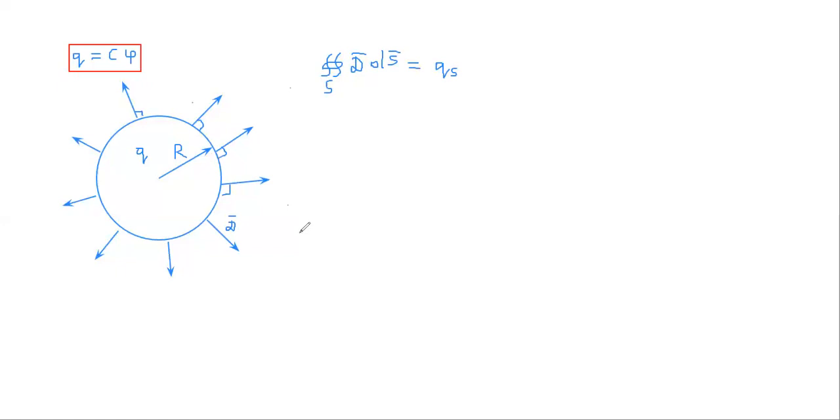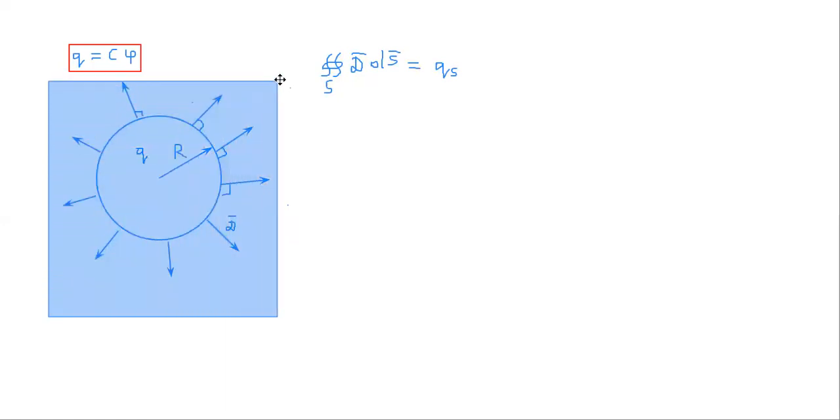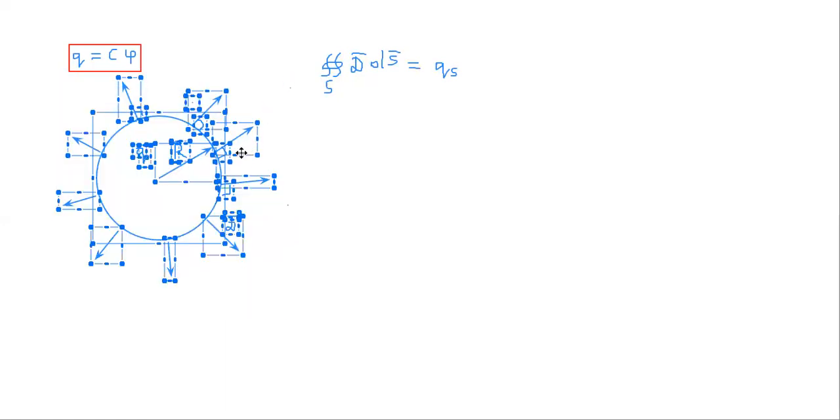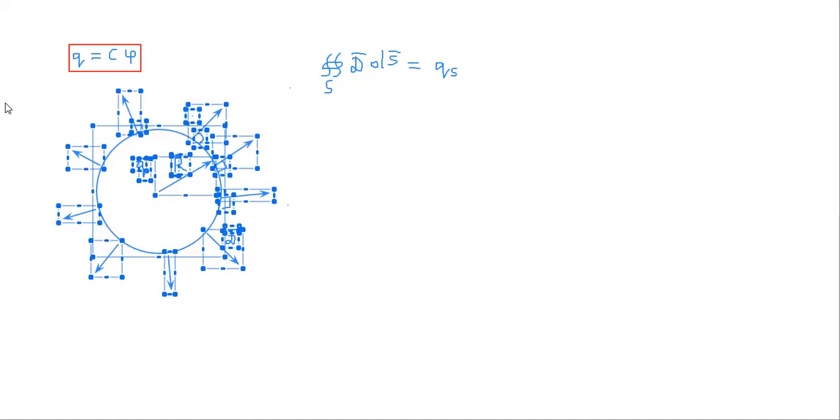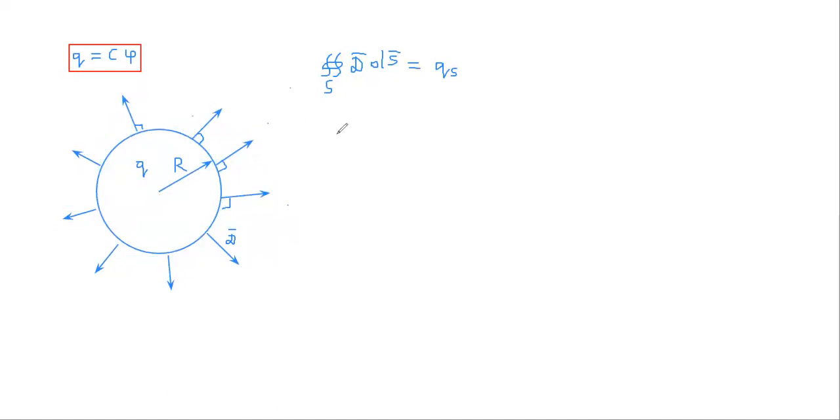And how to choose optimal surface S? How to choose this? It can be chosen with the same symmetry as system of charges have. So we can draw surface S in this way.